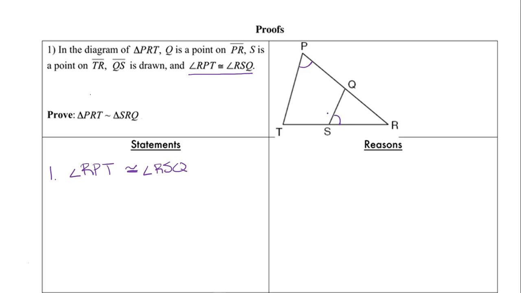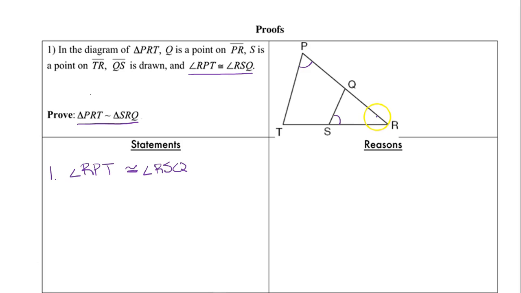Now, to prove two triangles are similar to one another, so far we've only learned angle-angle, and we've learned the definition of similar triangles. And this one right here will be proved easily by angle-angle. We only need one more angle in each of these triangles to show that they are similar.